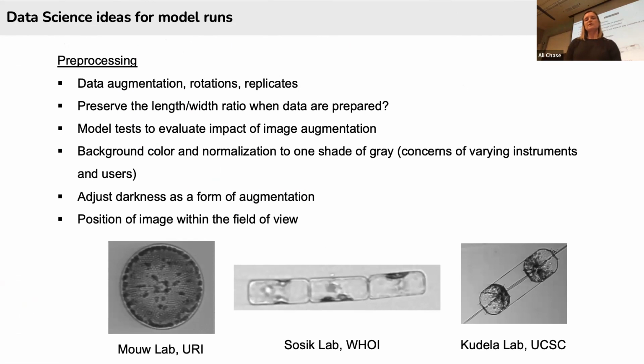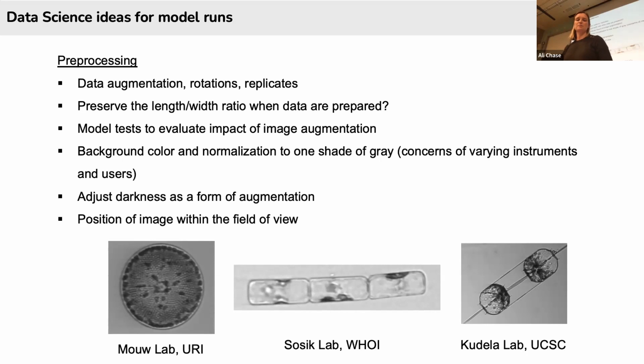So just a little bit thinking about what's coming next. There are some different data science ideas for the model runs. There is this option to have the simple off-the-shelf neural network approach, but then there are also a lot of ways that we can iterate on that and hopefully improve our results. Data augmentation, rotations, and replicates.